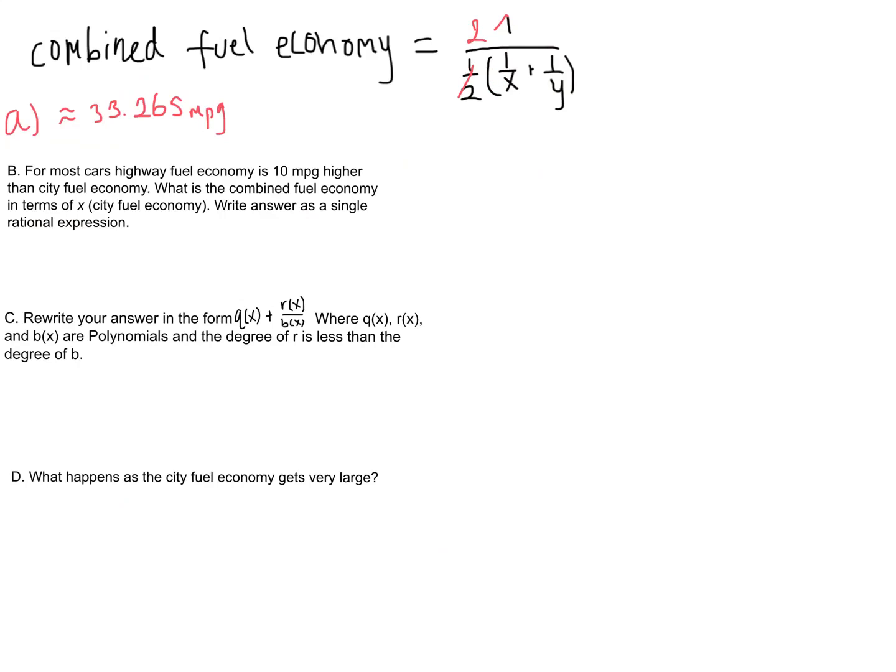You'll have a common denominator here, so you'll end up, let's go ahead and move over here, 2 over, and the common denominator that you're going to get is going to be xy, and the numerator that you're going to get, well, think about it, you'll have multiplied by y over y, so you'll have y, and here you'll have x over x, you'll have x, so you'll have y plus x.